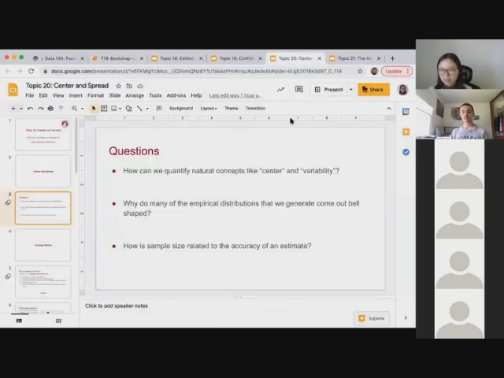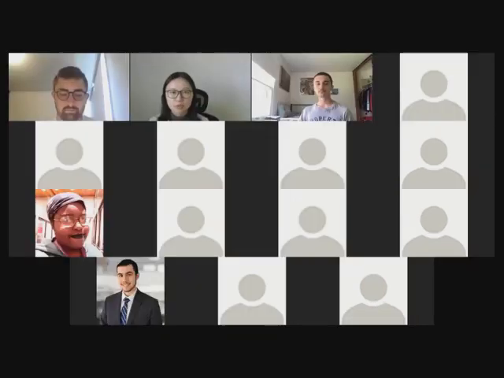This is another question we wanted you to think about. And lastly, how is sample size related to the accuracy of an estimate? These are open-ended questions, but I do want you to take the time to meet with your breakout room members to think about them. This is page 3 of topic 20 if you need it when you go to the breakout room. And now let me create the breakout rooms.